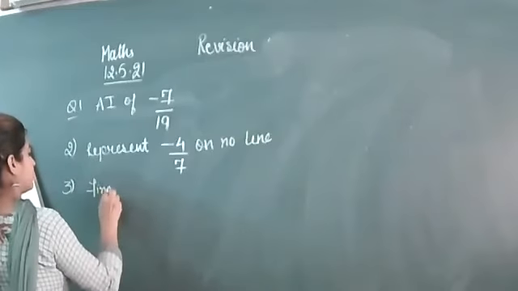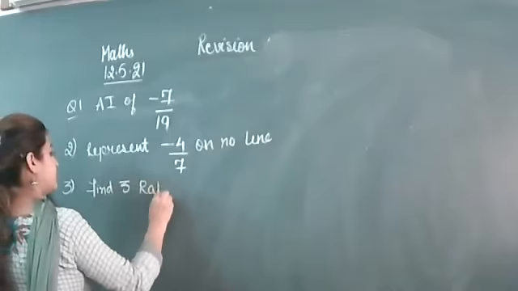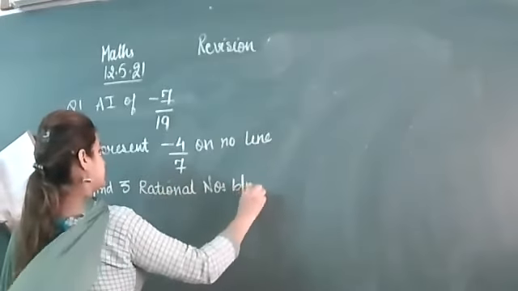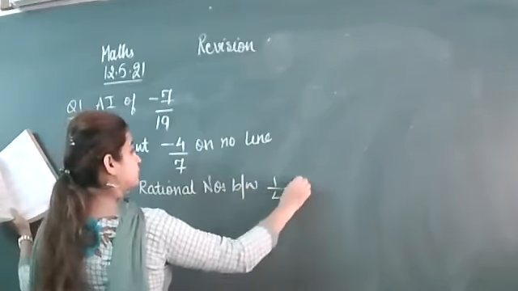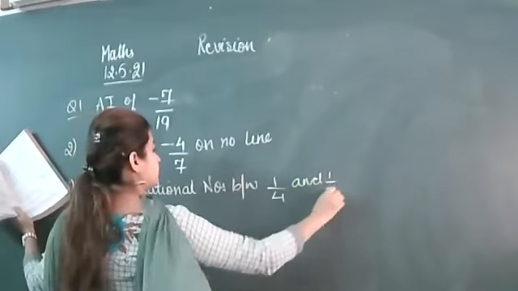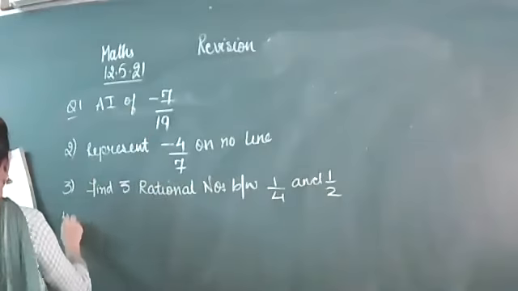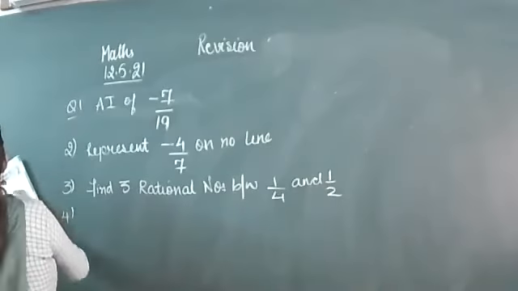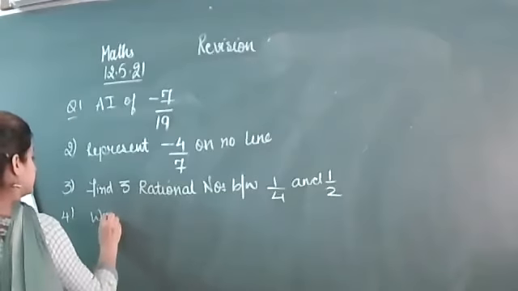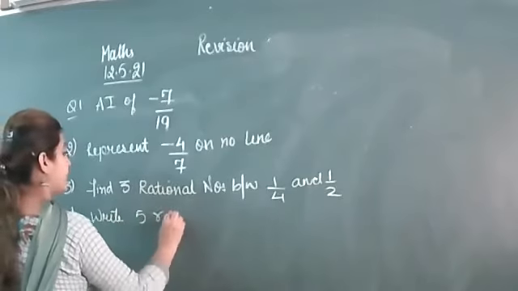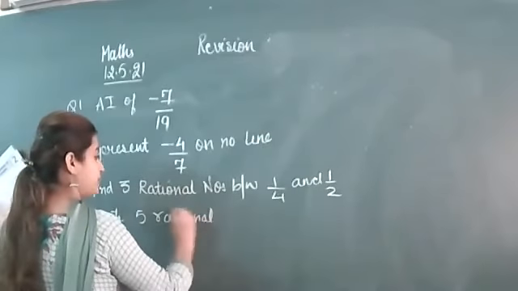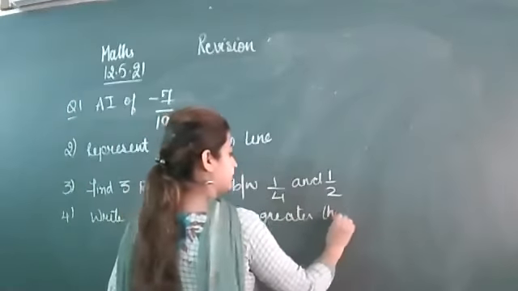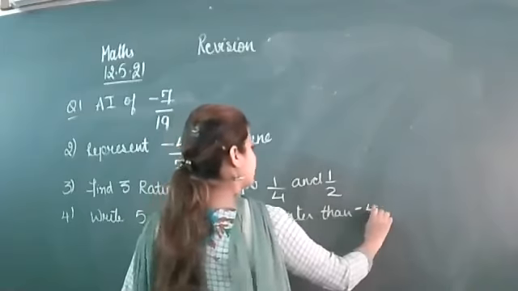Find 3 ... Write 5 rational numbers greater than minus 4.